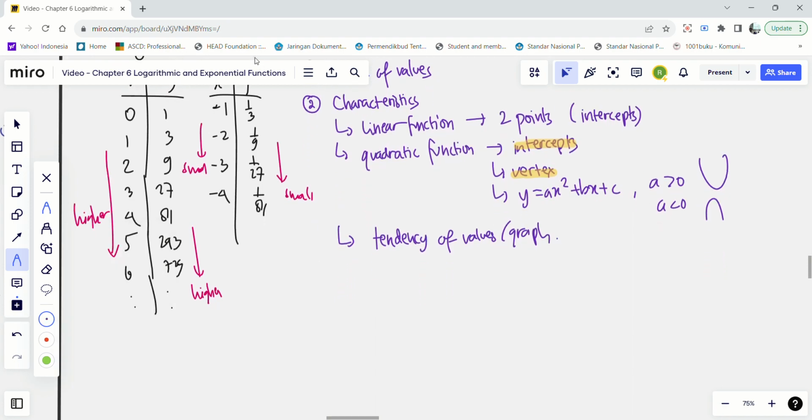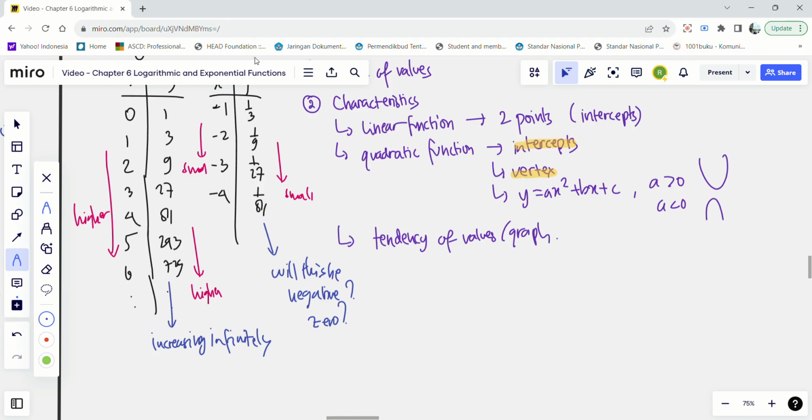Whenever you look at the numbers here, it keeps on increasing infinitely. It becomes so big that there is probably no limit to it. But whenever you look at these numbers, they get smaller, smaller, smaller. But think about this. Will this be negative at some point? Or maybe not only negative, will it be 0 at some point? If you look at the tendency, it will not.